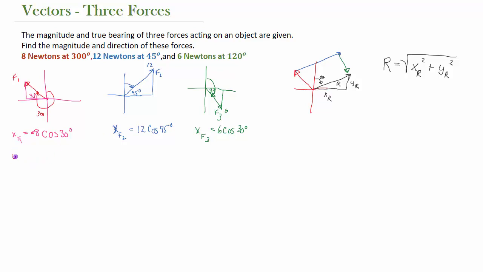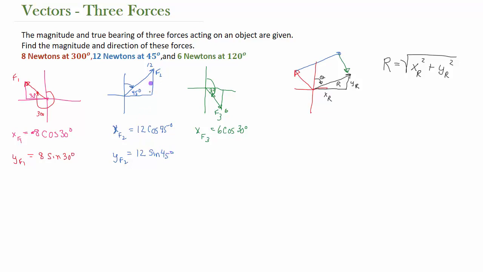So our y for force 1 is this distance here. And if we use our right triangle trig, that is 8 sine of 30 degrees. We're going up, so it's positive. Our y for force 2 is going to be our magnitude of 12 times the sine of our angle, 45 degrees.